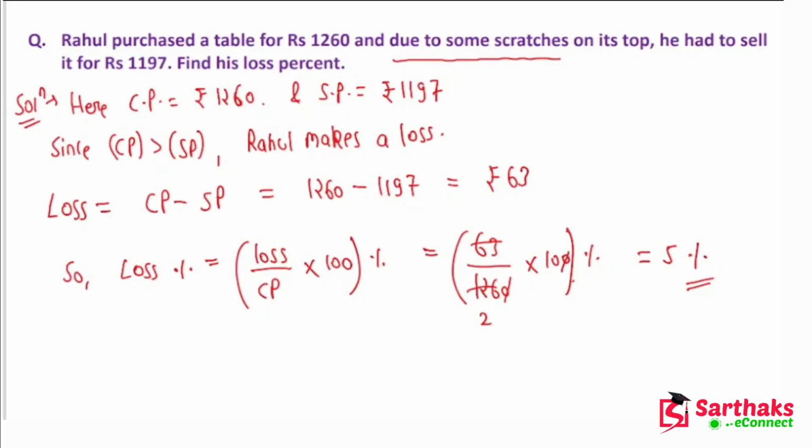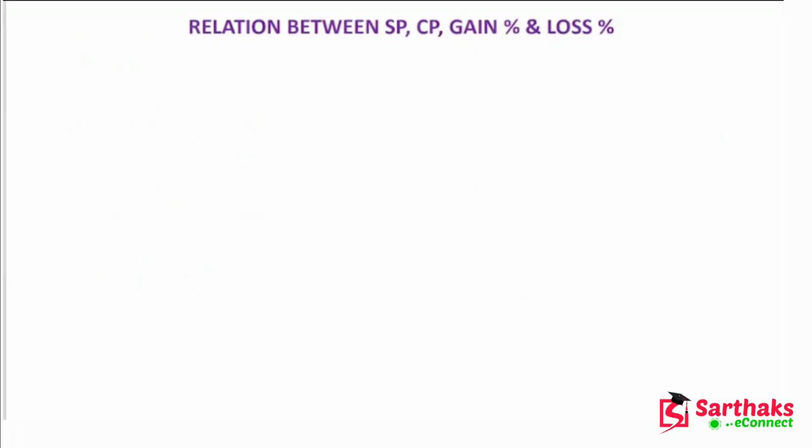Now let us see the relationship between selling price, cost price, profit or loss whenever they are given. So let us see the relation between selling price, cost price, gain percent and loss percent. You can divide them in two parts.